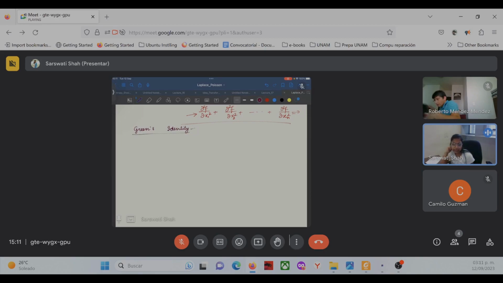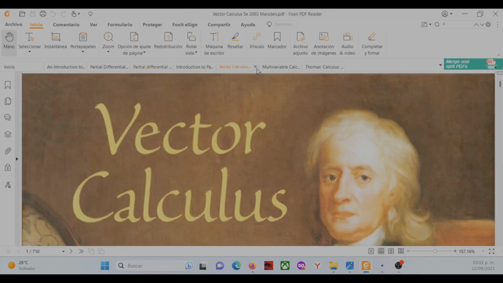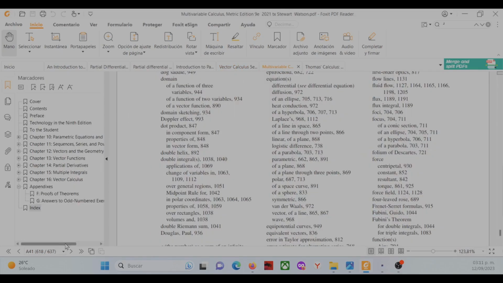So Green's identity. Let omega be a bounded region enclosed by delta omega. What is delta omega?